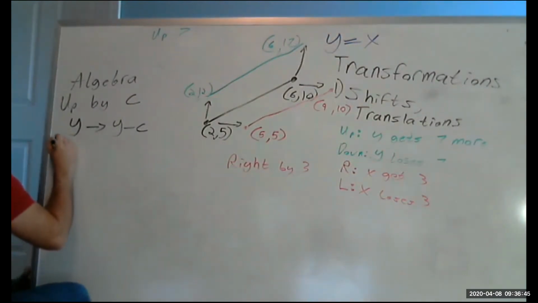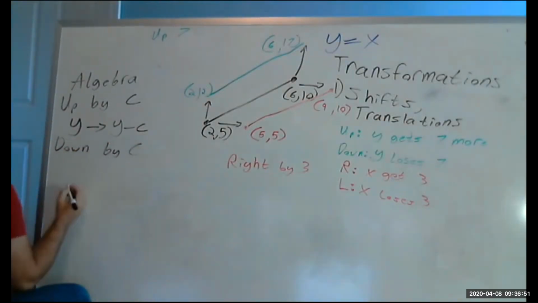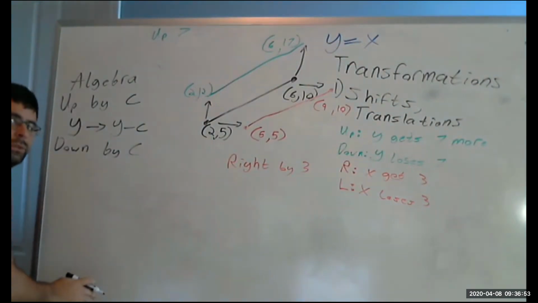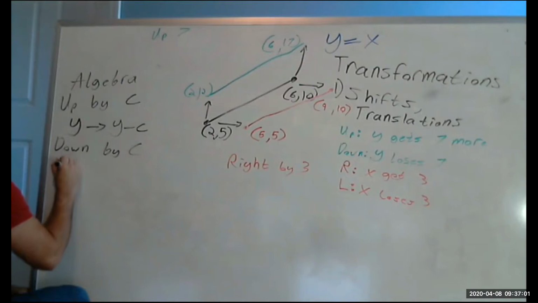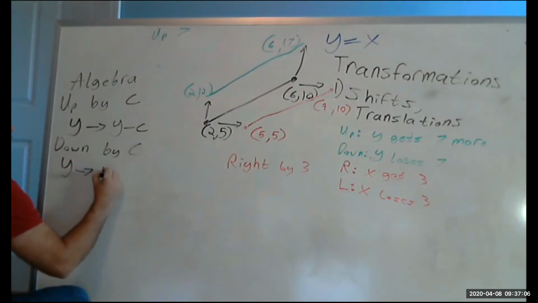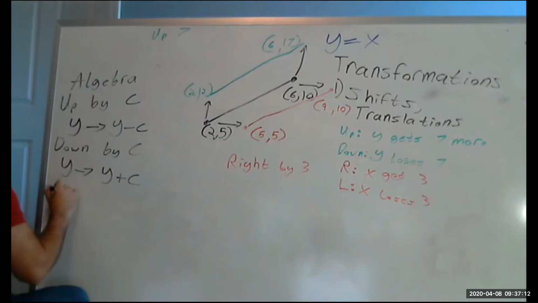If we go down by c, that's the same thing as moving the graph paper underneath it up by c. So we take our y values and we convert them to y plus c.